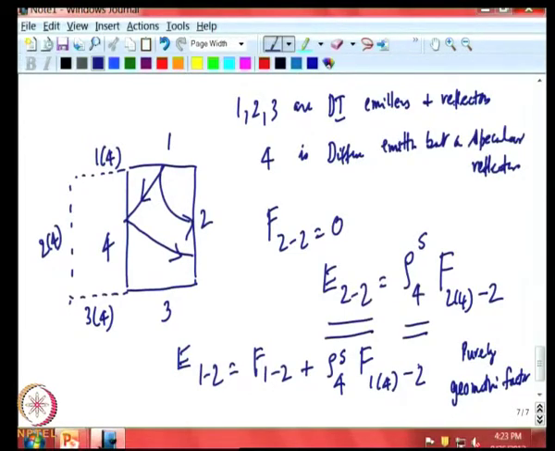But once one of the surfaces is specular, the problem gets a lot more complicated. The new shape factor E12, which represents the amount of radiation leaving 1 reaching 2 either directly or through reflections, will involve a term F12 which is purely geometric, plus rho specular of surface 4 times F1 bracket 4 to 2. So, the new shape factor E12 is not a purely geometric factor. It depends on both geometry and the reflectivity of surface 4.